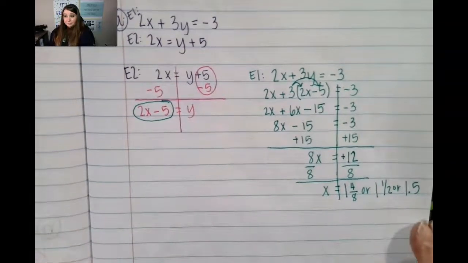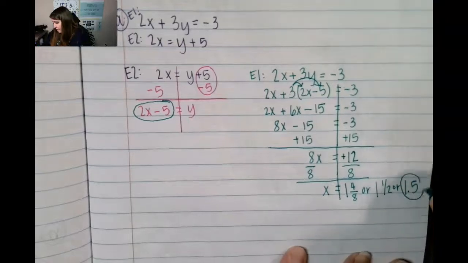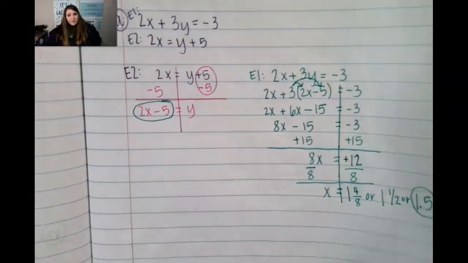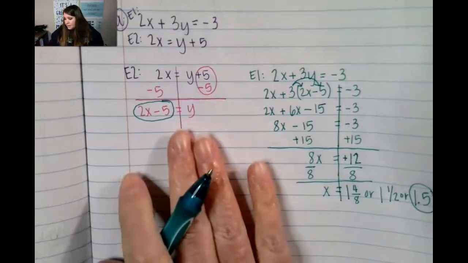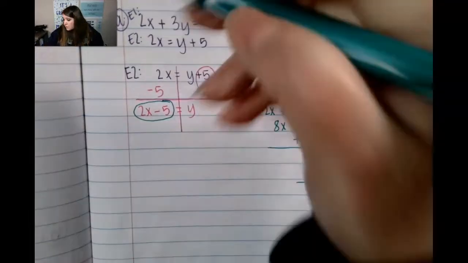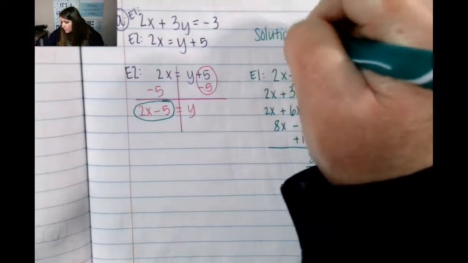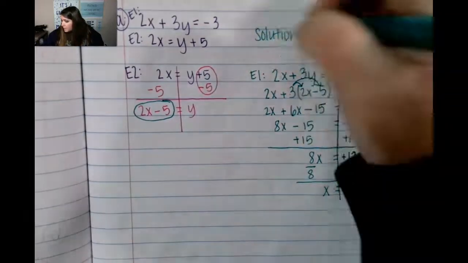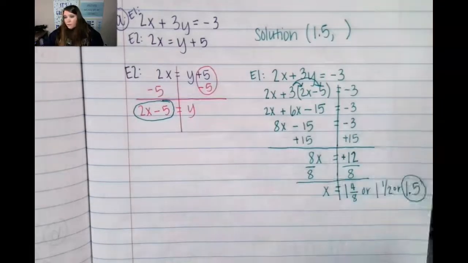Okay, now that we know that x is 1.5, we are going to take 1.5 and put it into this equation here so that we can solve for y. So far our solution is x equaling 1.5. So now we need to solve for the y value.